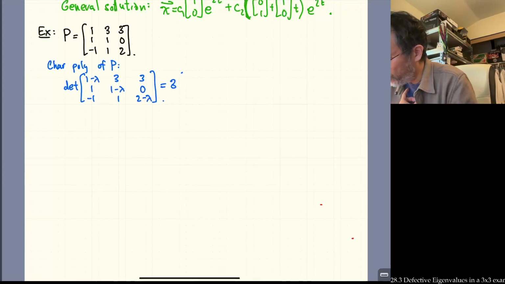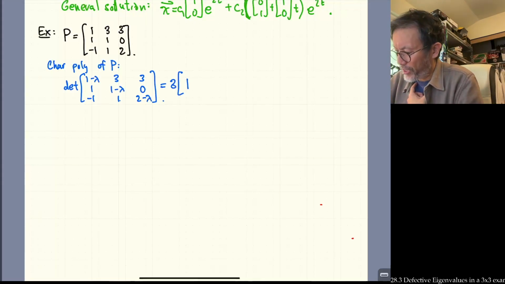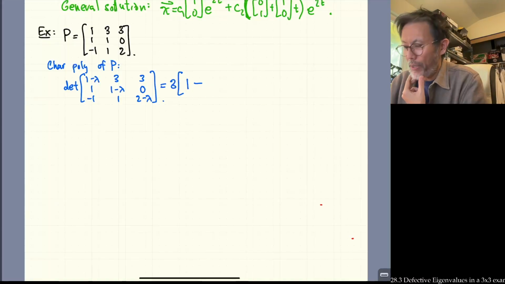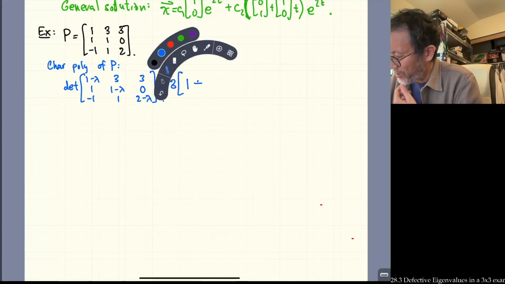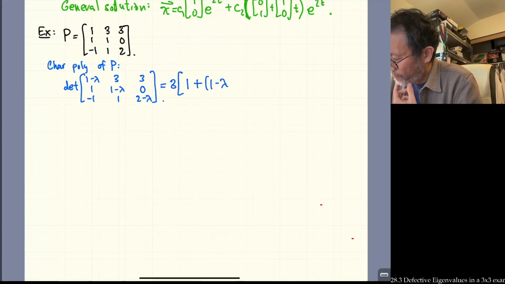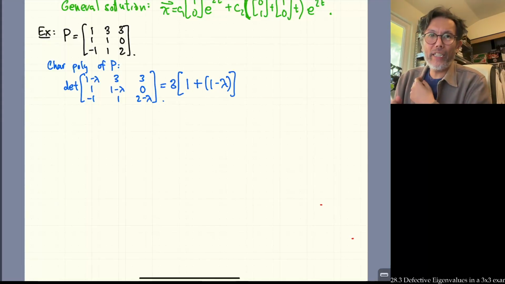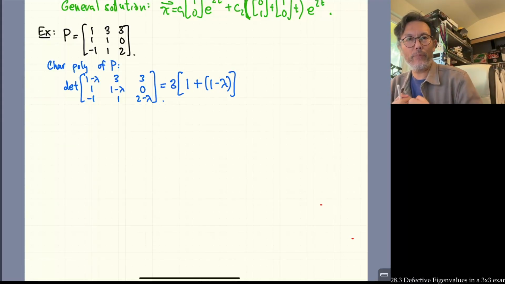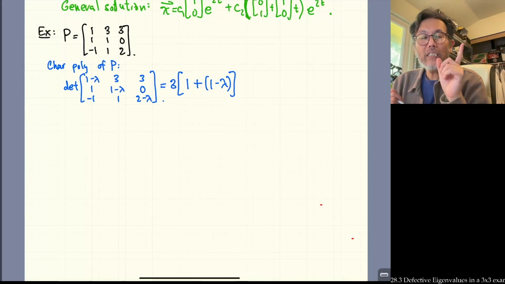And if I write it out, what I get is 1, because 1 times 1 is 1, minus what I get by multiplying negative 1 by (1 minus lambda). But that's plus (1 minus lambda). I put 1 minus lambda in parentheses because I like my parentheses, okay?